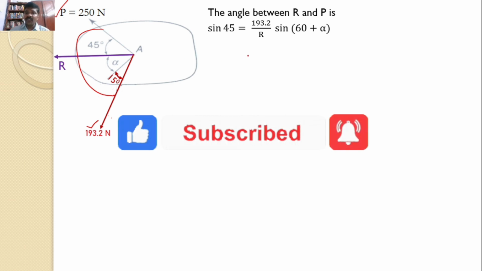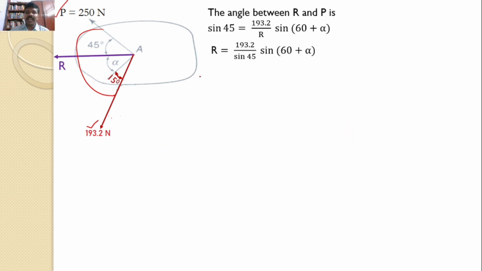So I will get one equation in terms of R and alpha. I can say R is equal to 193.2 by sine 45 into sine 60 plus alpha. I can rearrange this equation, and upon solving this, I will get R is equal to 273.23 into sine 60 plus alpha. Let this be equation 1.